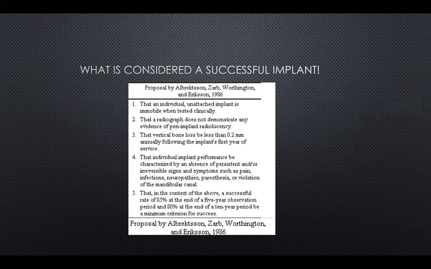At that time, it was generally accepted to have some crestal bone remodeling after the implant placement, and some people talked about 1 millimeter, some people talked about 1.5 millimeters of crestal bone loss, and this was considered a normal process. But following this first year of remodeling, there should not be more than 0.2 millimeter of bone loss every year.